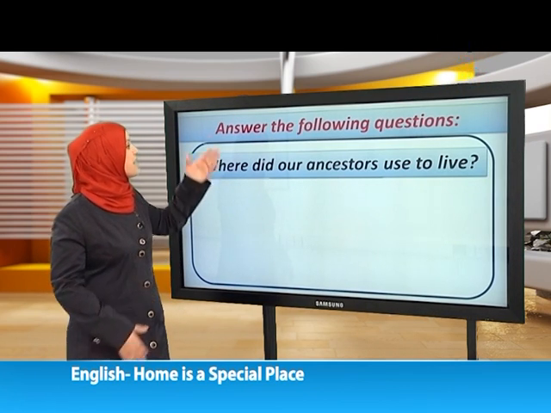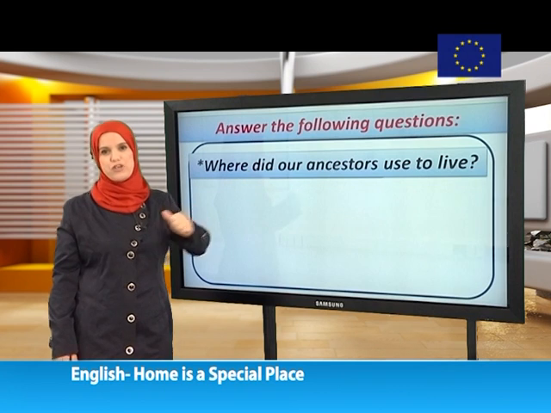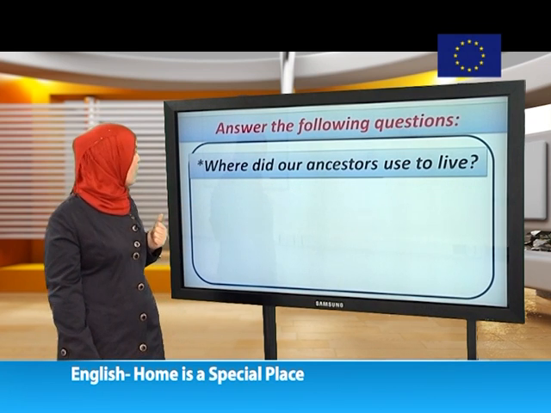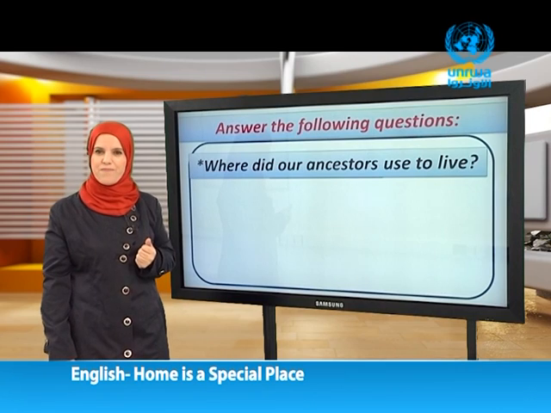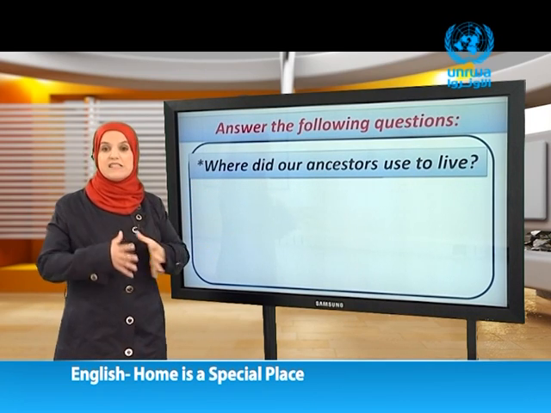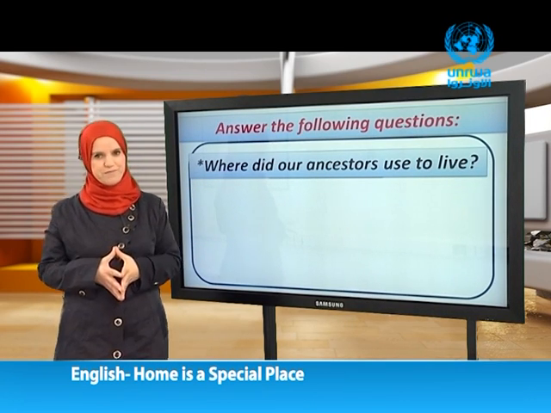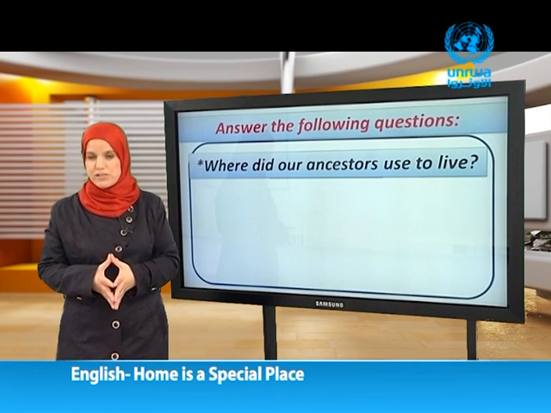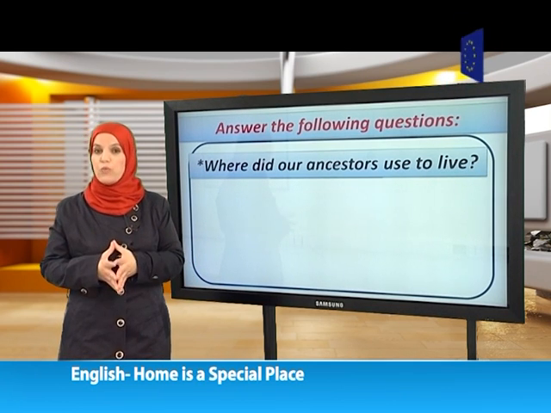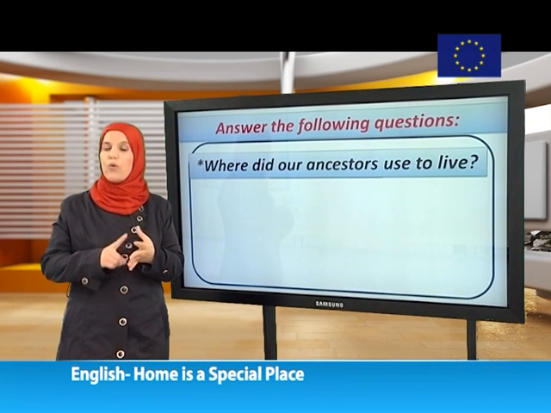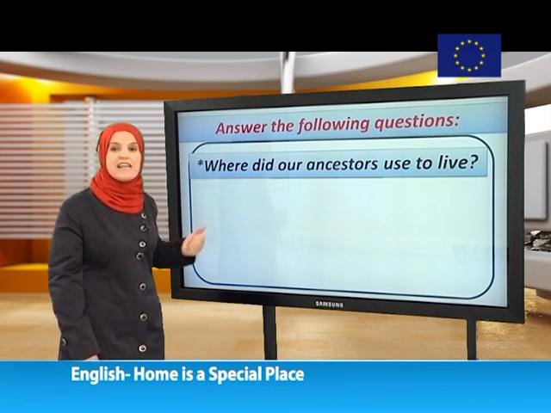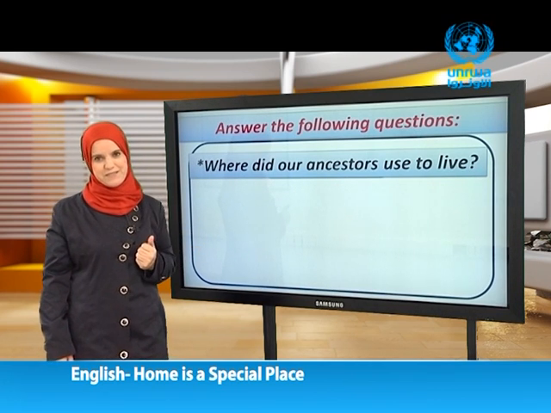We are going to answer some detailed questions. Let's look at number 1. Where did our ancestors used to live? Look, this is a WH question. WH questions are questions that begin with a question word like where, how, why, when. Where asks about place.